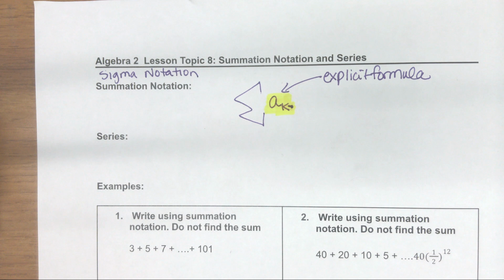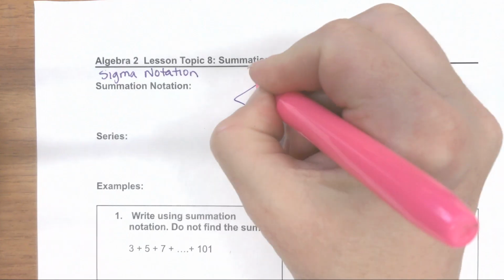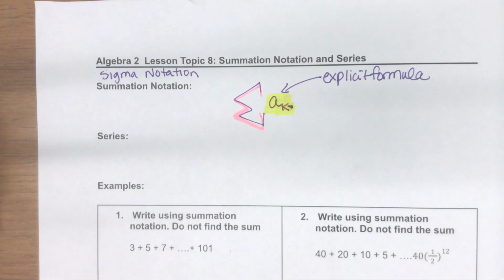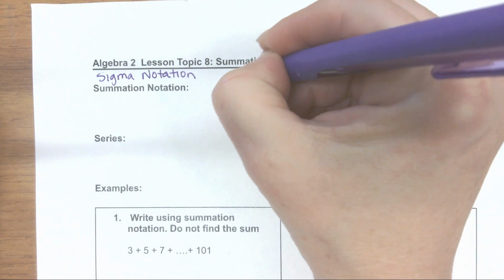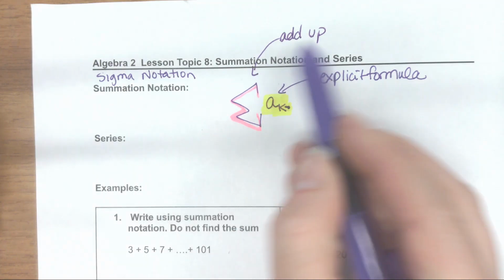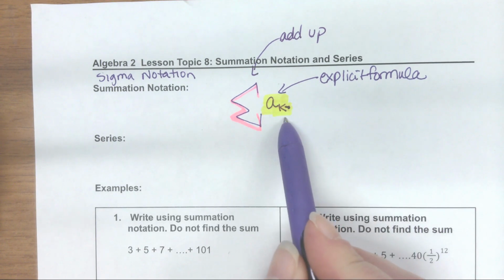We've been finding terms all along, but now we're going to add the summation symbol to the mix. When you see this symbol, it means add things up. You're going to be adding up the terms of the sequence.